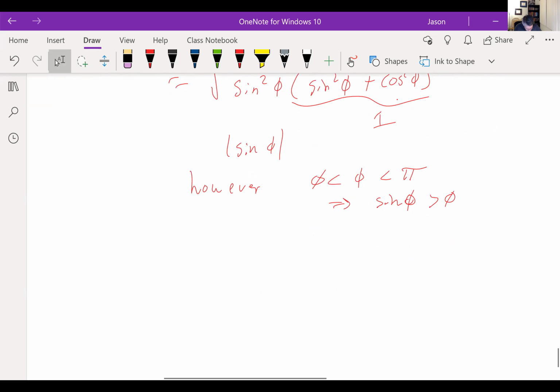So when we go back to our original, what did we want? We wanted this double integral.